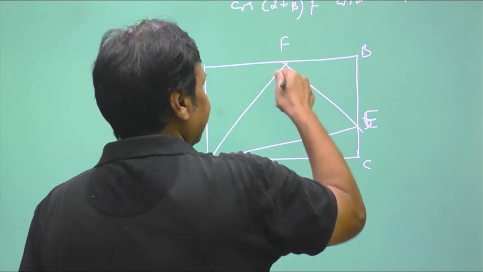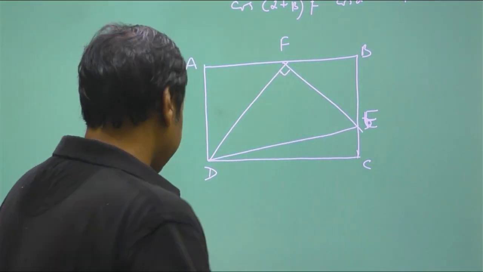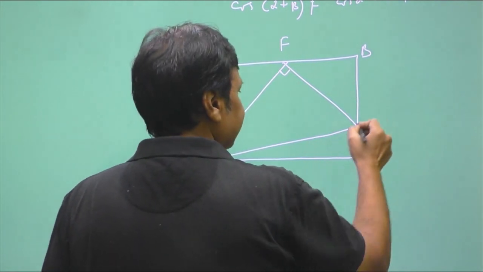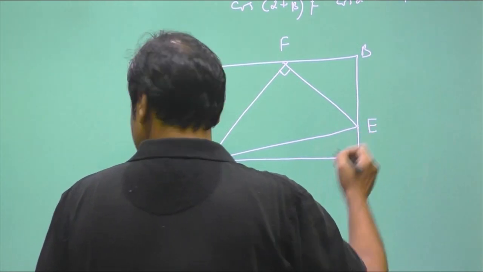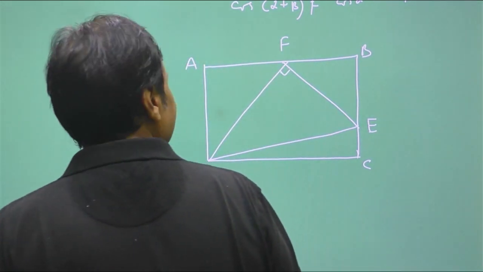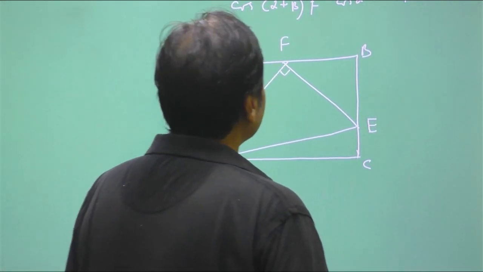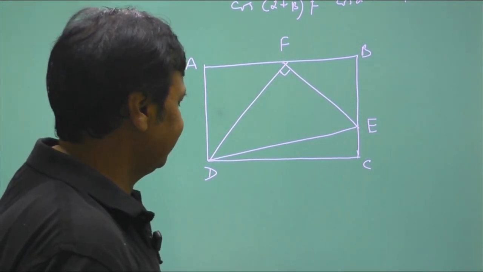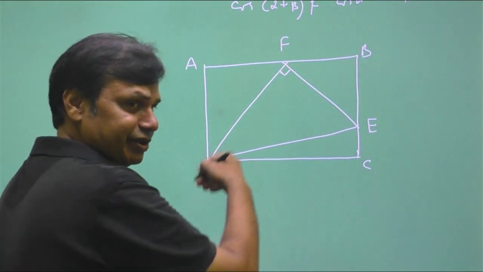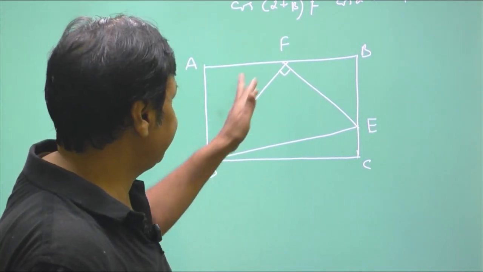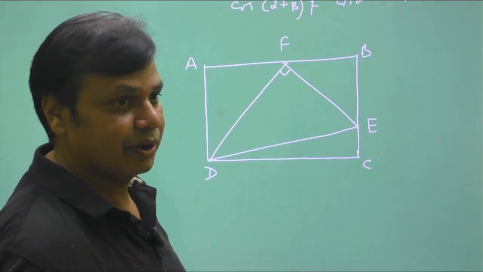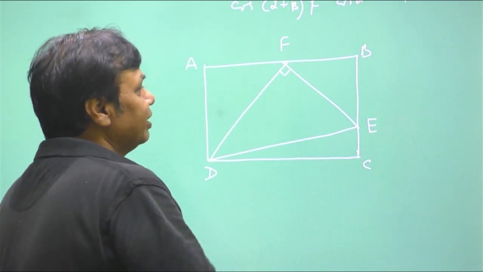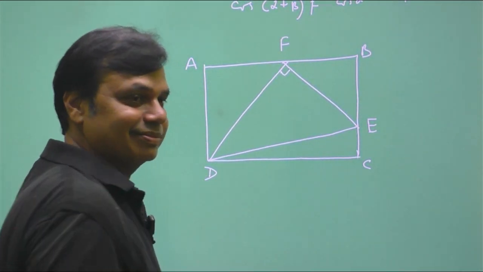Name this corner as point F and this point as E. It will be fine. This is a right angle triangle, DFE. Read it in anti-clockwise manner. Okay.